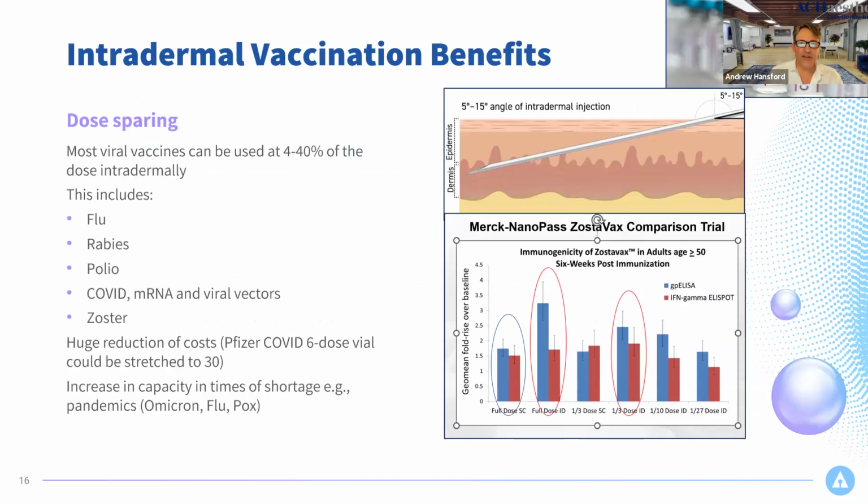With the intradermal vaccination benefits, dose sparing. Most of our vaccines are used at 40% of the dose intradermally. This includes flu, rabies, polio, COVID, mRNA, and booster, etc. We again know that we can implant at the perfect depth each and every time, and in the right place, safely, efficiently, and quicker.